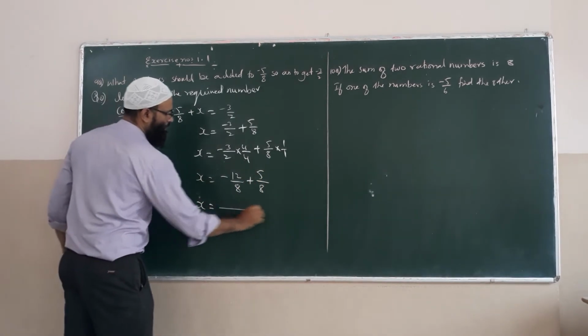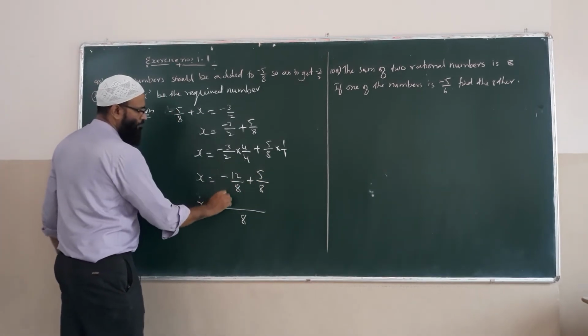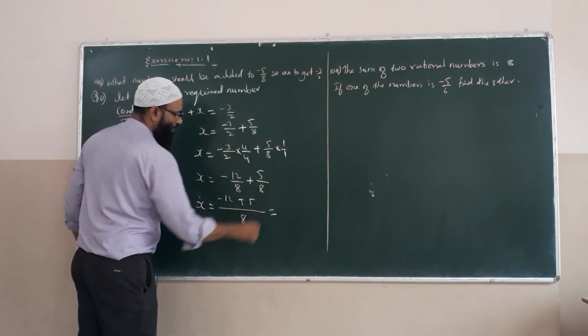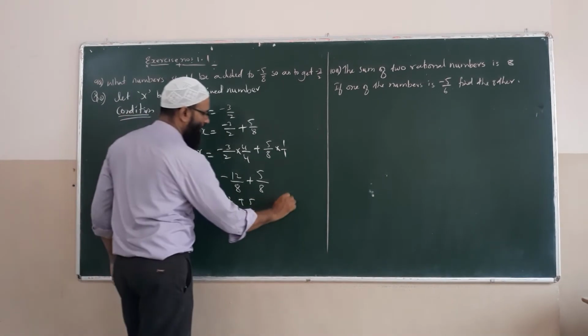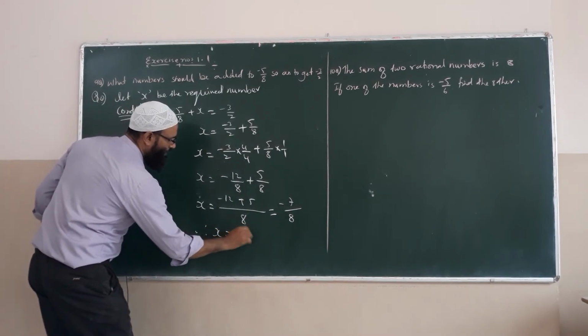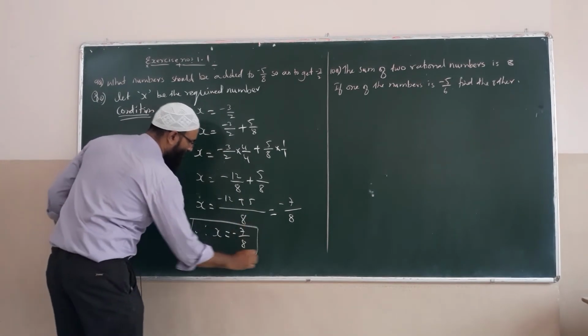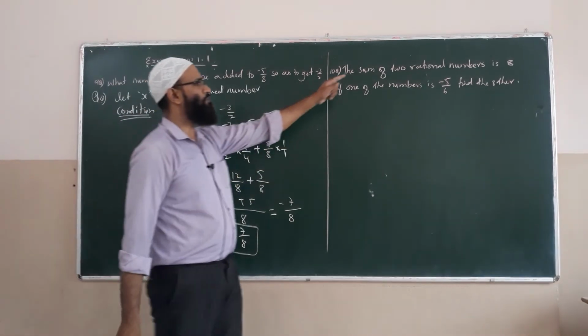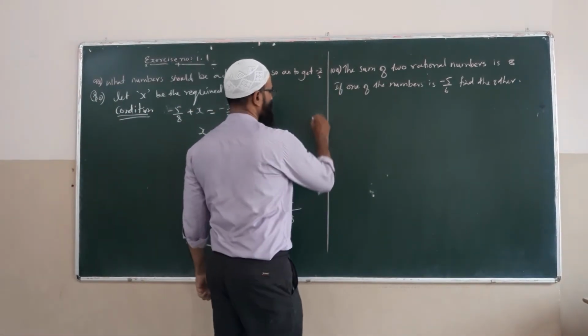Then x is equal to, 8 should be common, minus 12 plus 5, which is minus 7 by 8. Therefore, the required number is minus 7 by 8. Similarly, you have to solve this one also. Now check this one.